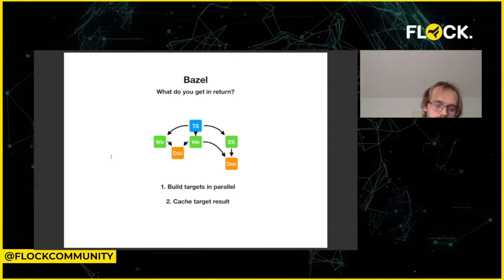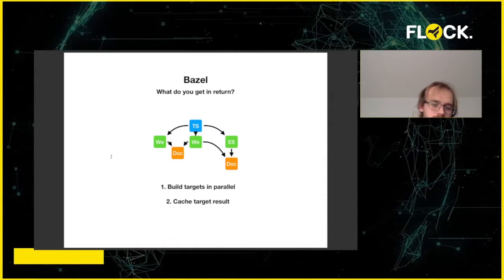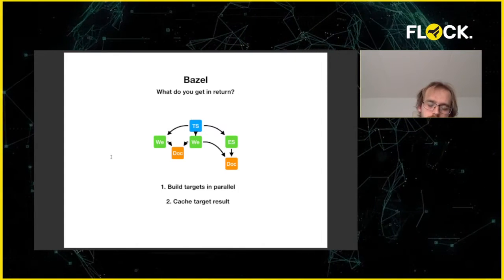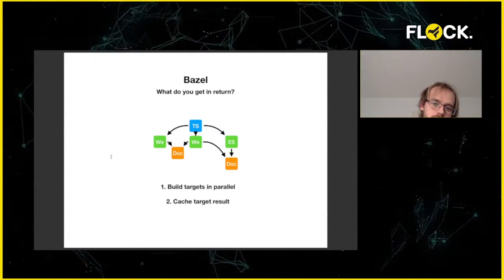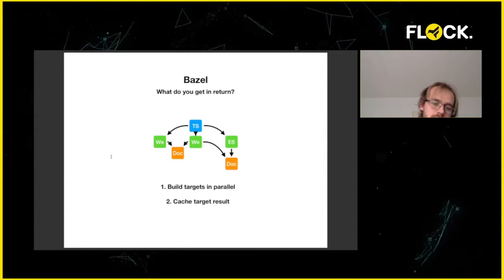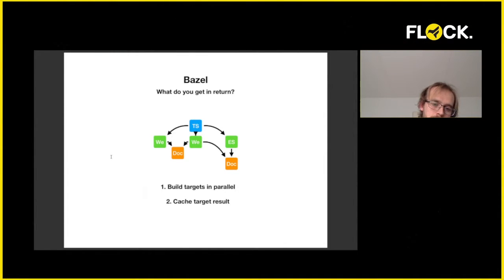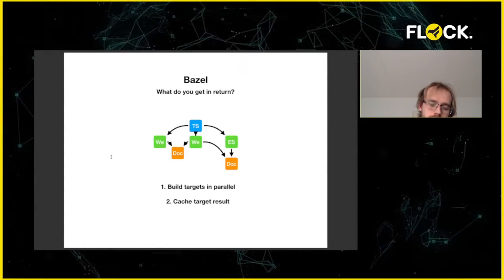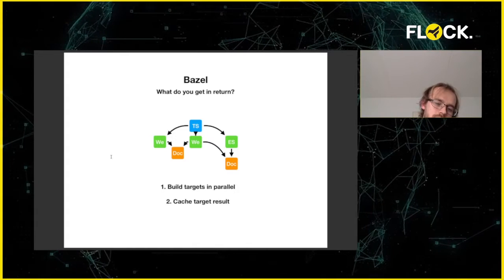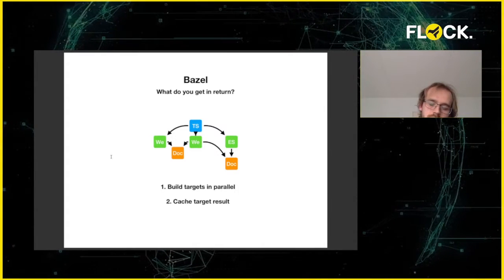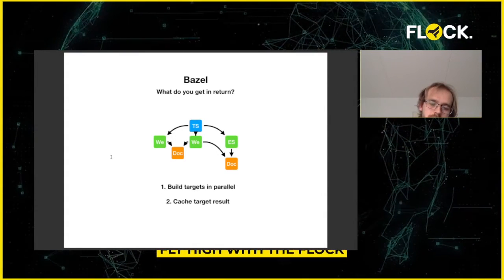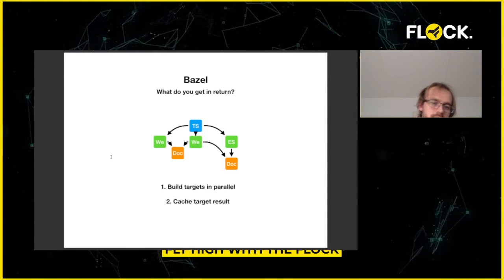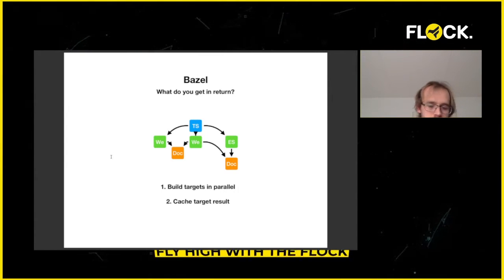Second thing is we can cache results of a target. Because we have been so strict in specifying all the inputs, we can now use the content hash of the input files as a cache key. If we have the same input files, we can go to the cache, use the input files as a cache key, and look in the cache and see if there has already been a set of output files that has been generated with these specific input files.